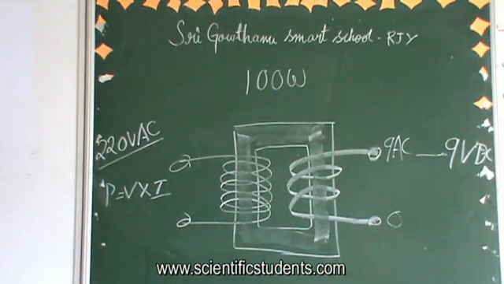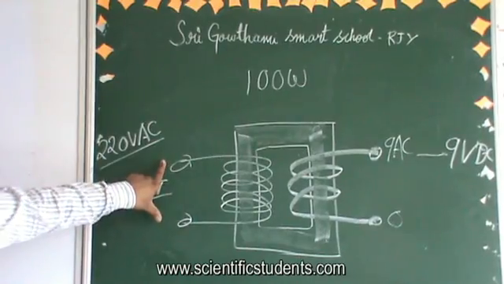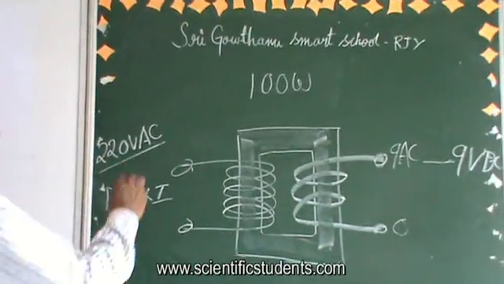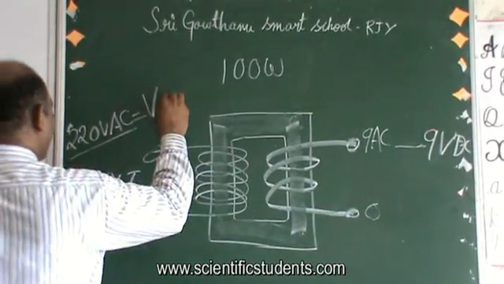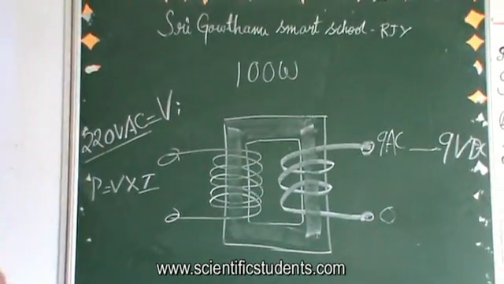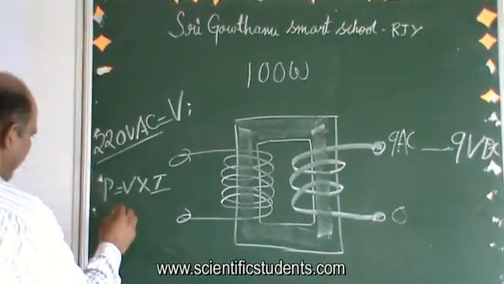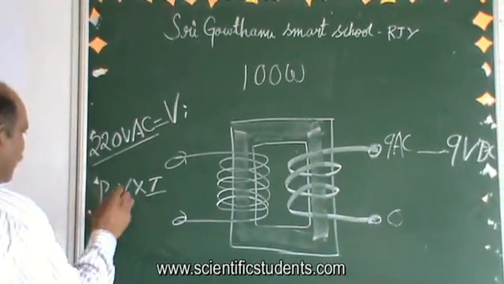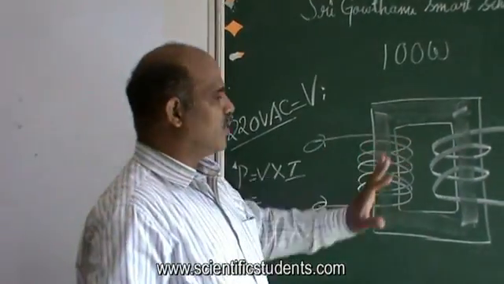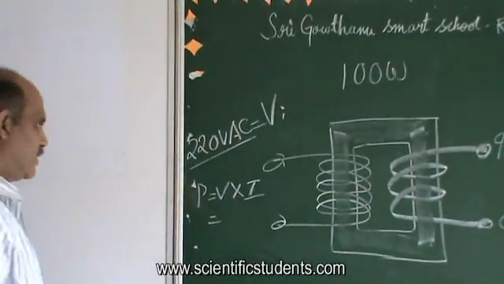If that is the case, what is the given input voltage here? 220. As a maximum I told you up to 250, right? Now P is also known to you, this transformer is going to handle 100 watts.